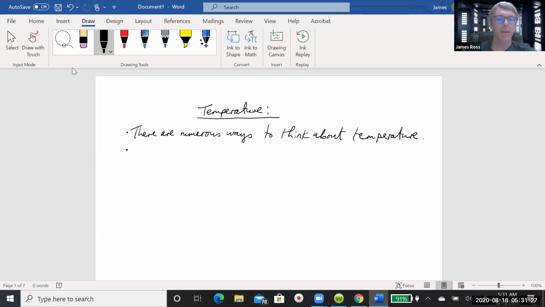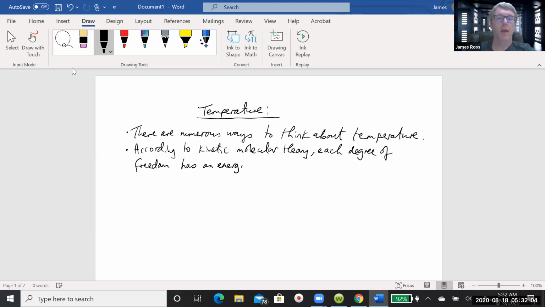So according to kinetic molecular theory, which we'll look at not so much in this video, but in subsequent videos, each degree of freedom has an energy of Boltzmann's constant, lowercase kB, temperature over the number 2, where kB is Boltzmann's constant.